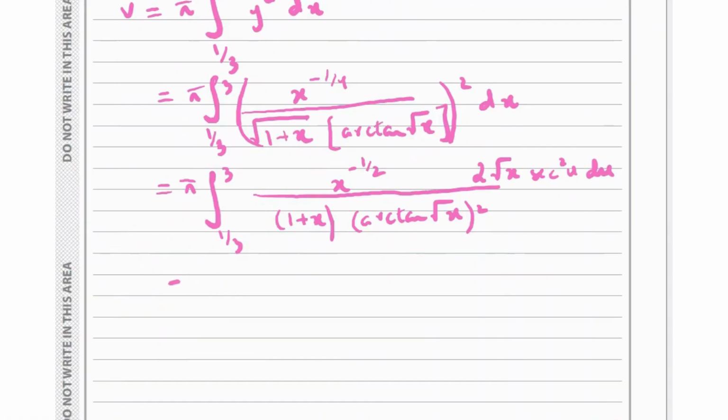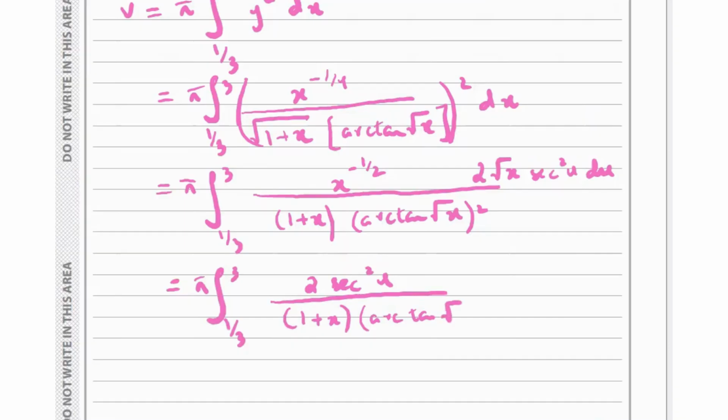Next, I'm going to simplify this. So x to the power of negative 1 over 2 times x to the power of positive 1 over 2 cancels out. So it's 2 secant square u divided by 1 plus x times arc tan root x whole square du.